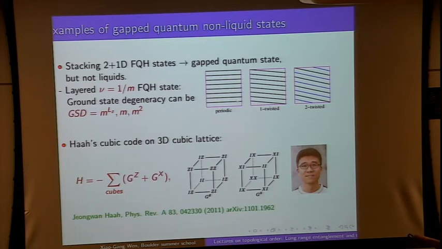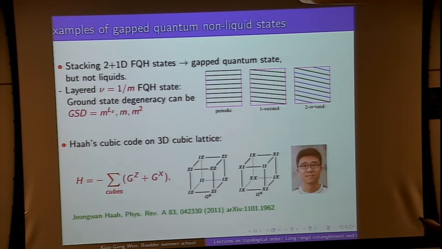And also, when you have this property, the ground state degeneracy can be infinite. For example, in this case, the ground state degeneracy can be some m raised to the power of the number of layers. It's very big, but it can also be small. For example, if you have a boundary condition where this layer connects to the next layer at this boundary, then the whole system effectively has only one layer, so the ground state degeneracy is just some finite number.